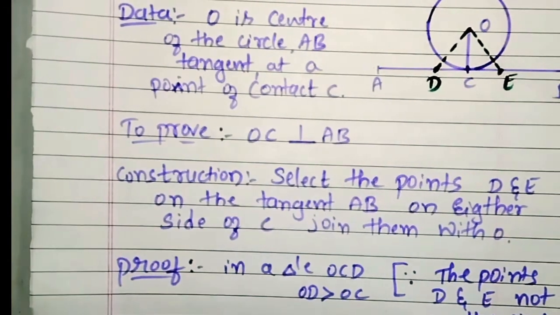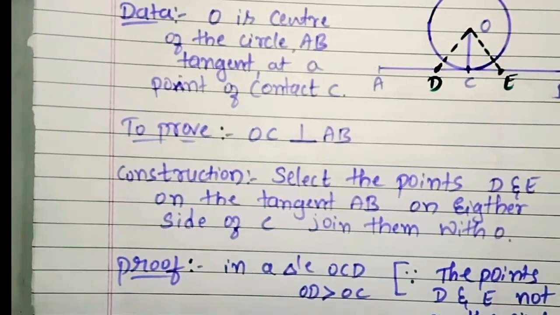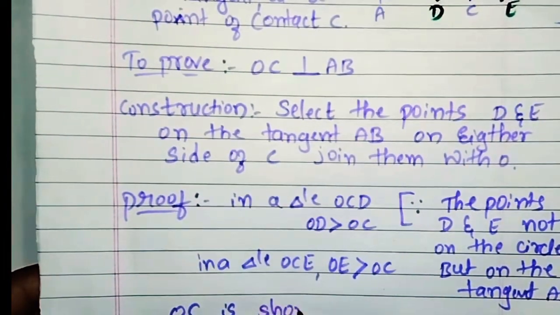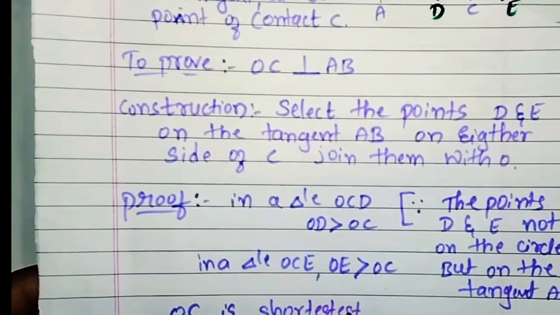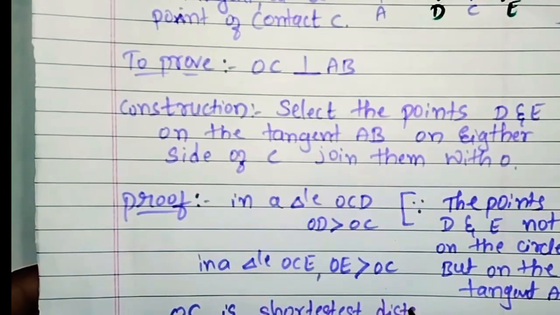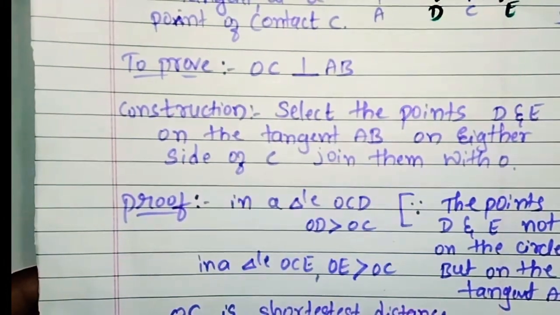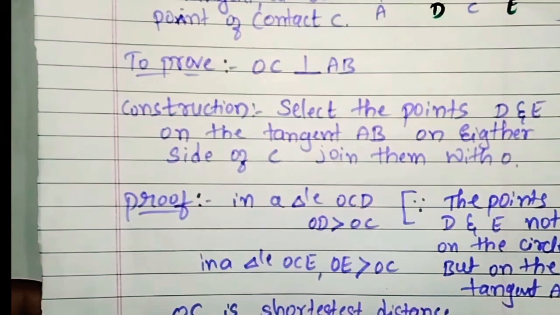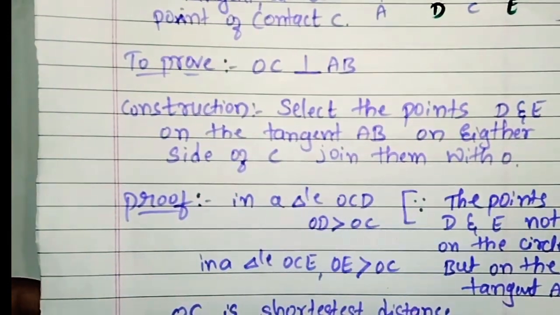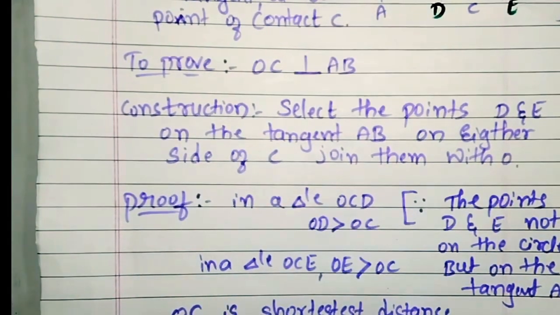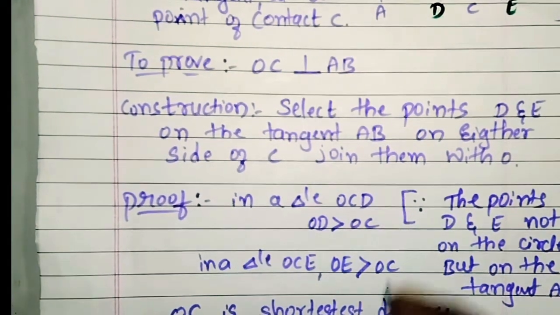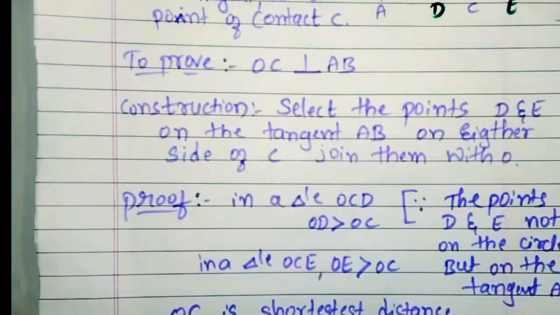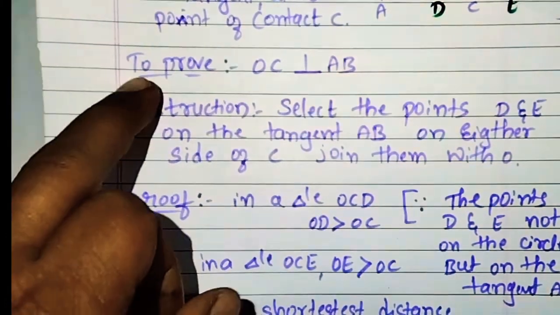So we can write: OC is the shortest distance from O. Hence OC is perpendicular to AB, which is what we needed to prove.